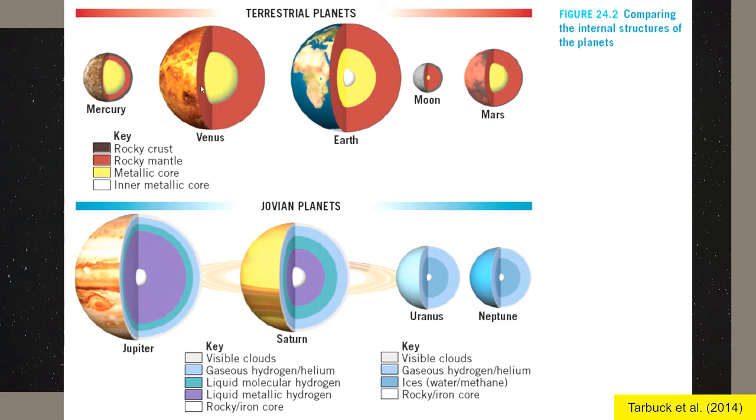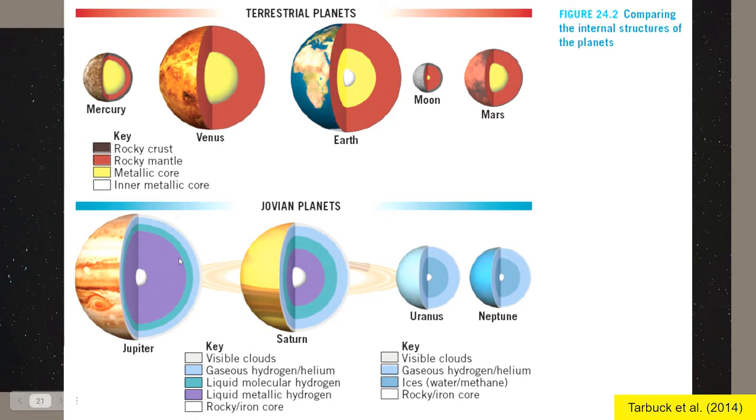rocky crust. While in the Jovian planets, or the gas giants, they have a very small rocky iron core in comparison to their overall size. Jupiter, Saturn, Uranus, and Neptune, then followed by liquid metallic hydrogen. So this is their only rocky material, okay? Then they have solid material.